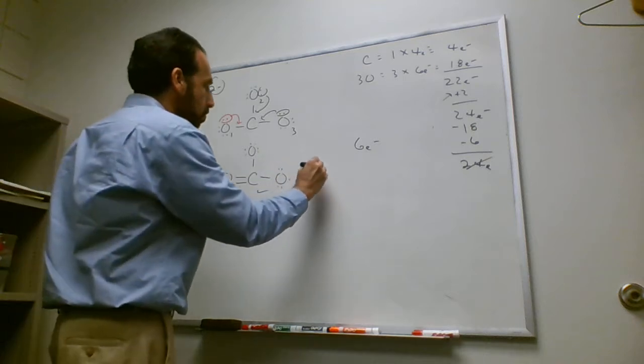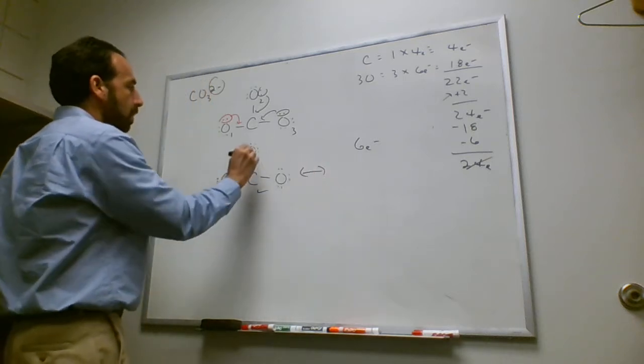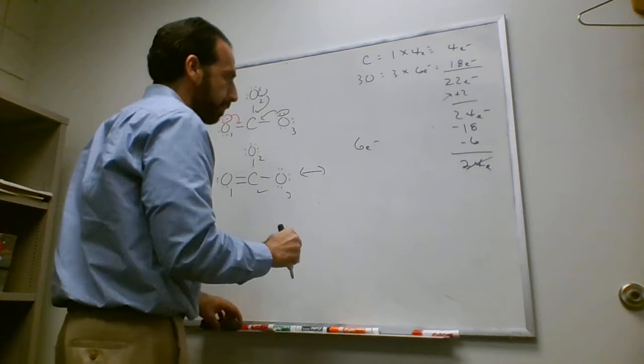So let me draw the 2 resonance structures here. Let me label this. 1, 2, and 3.